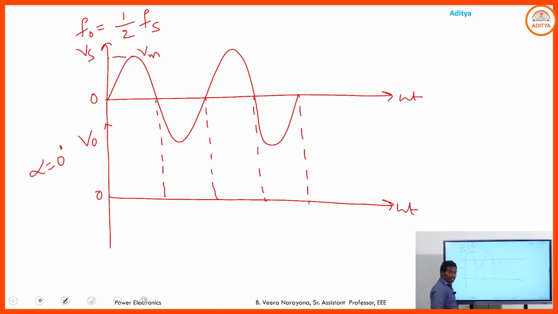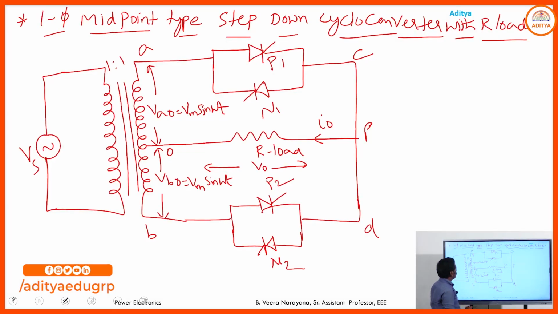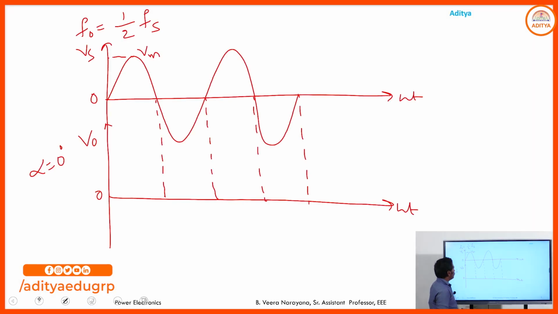I just want to collect the frequency which is half of the supply frequency. So here I want to collect F0 equals 1 by 2 Fs.